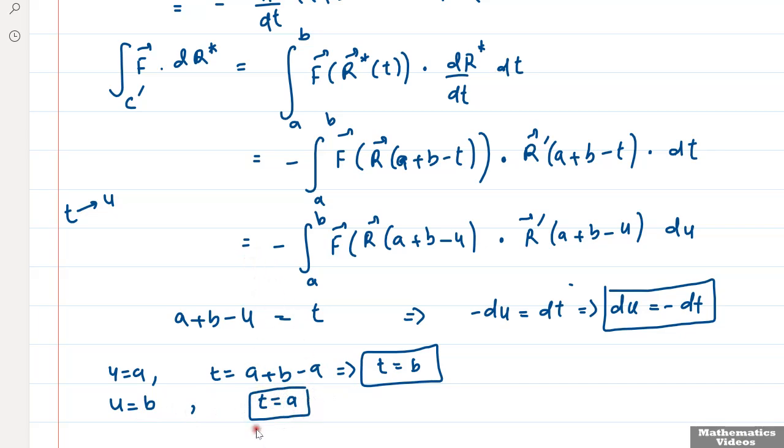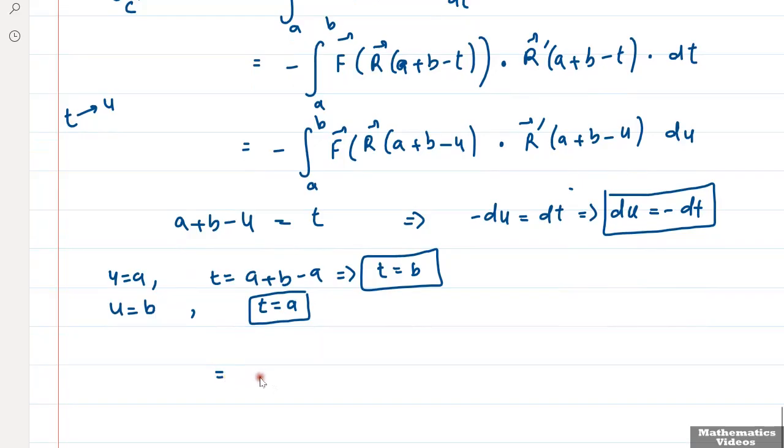Now this integral becomes equal to minus times the integral in which the lower limit of integration is now b, that is when u is a, then t is equal to b.